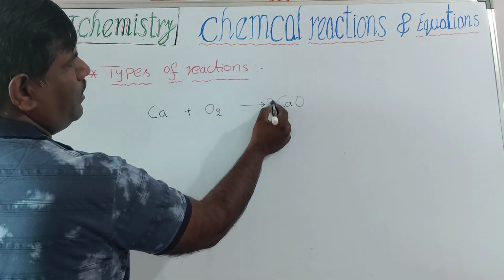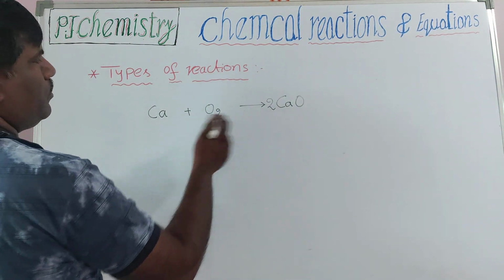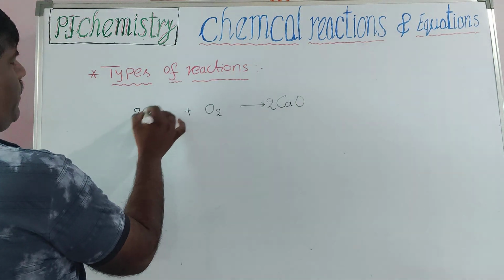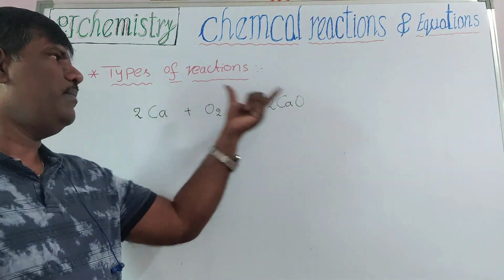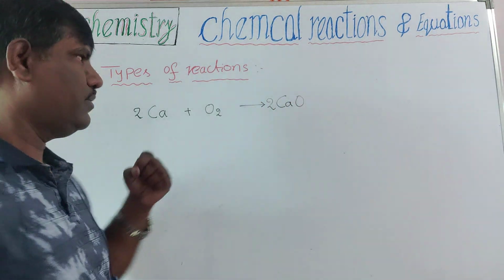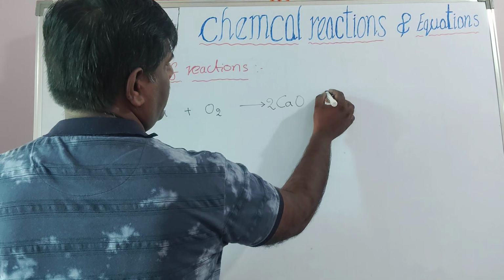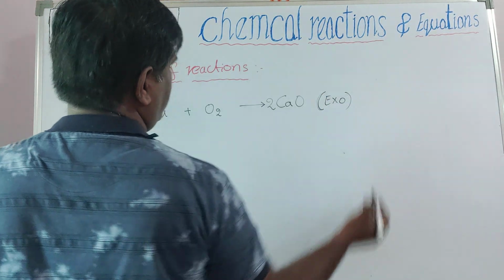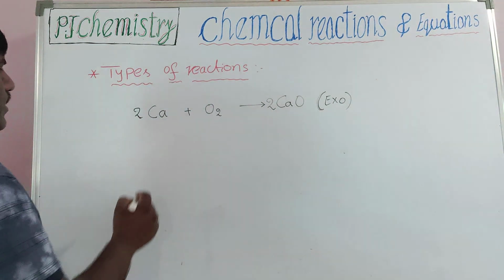First multiply calcium oxide with 2. Now it is easy to balance. So here two elements combine to form a single product. It is also exothermic, a combination as well as exothermic reaction.